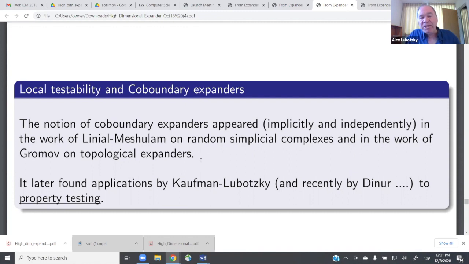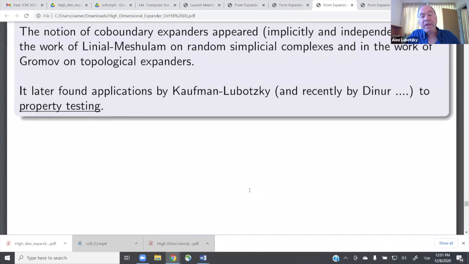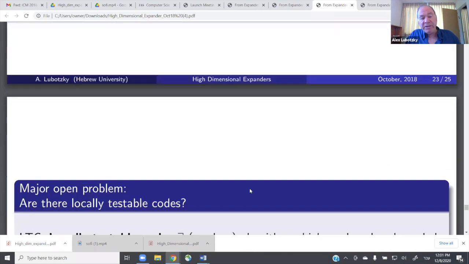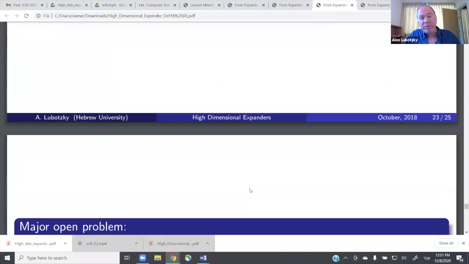And this co-boundary expander, even its definition, found some application to computer science property testing, by Tali Kaufman and me. We wrote a paper on property testing, and by Irit Dinur. What does it have to do with this? I'm afraid I will use many of you when I talk about the cohomology.